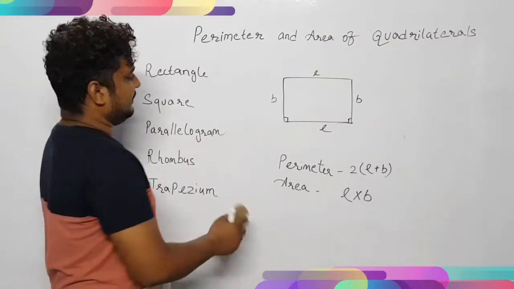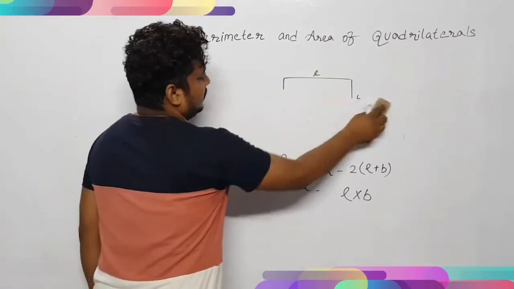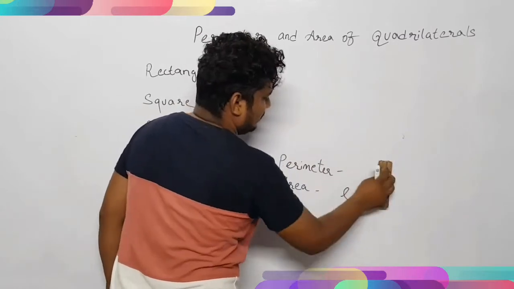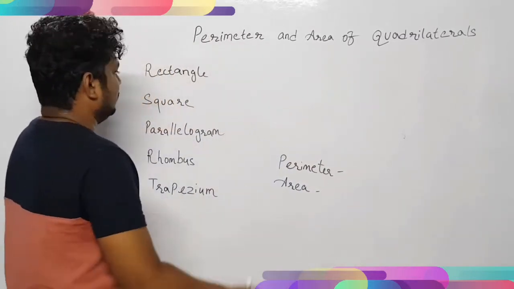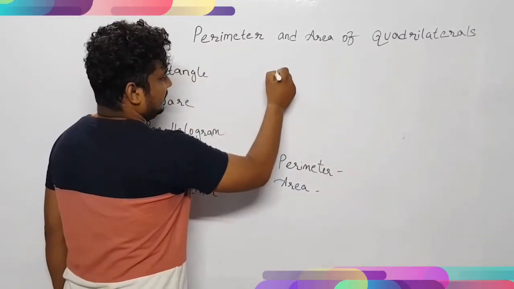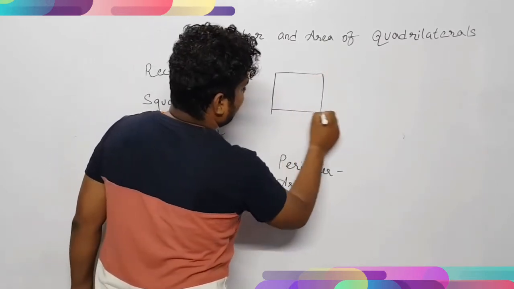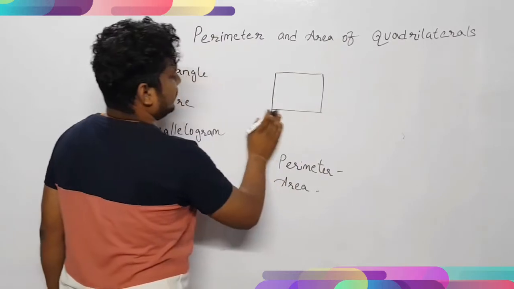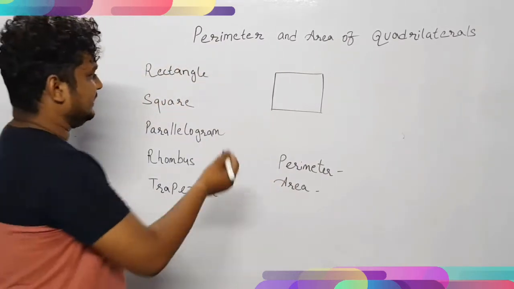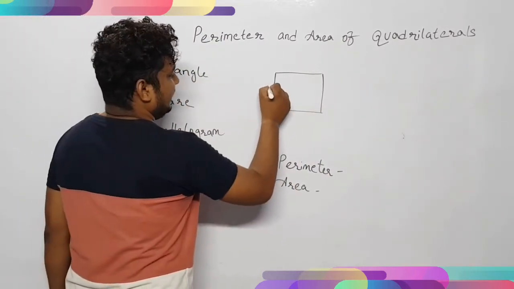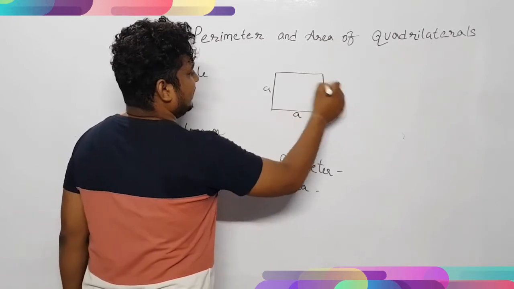Now suppose we come to the square. If we have a figure like this, all sides are a, meaning the lengths of all the sides are equal.